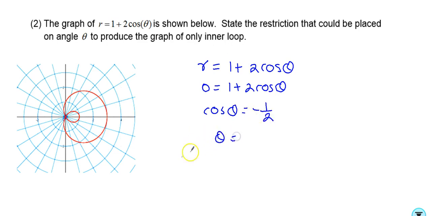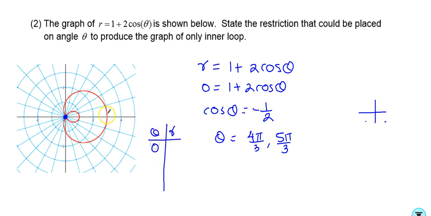Cosine is negative in these 2 quadrants, which will be 4 pi over 3 and 5 pi over 3, which means this inner loop defines the angle between these two. Starting from 0, if you want, you can again make the table theta and r.